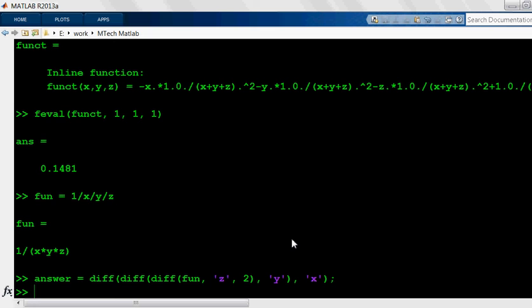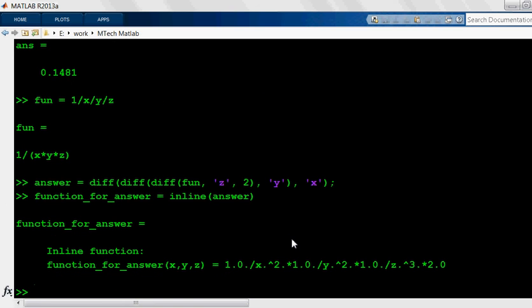Function for answer will be inline of answer. This has been created. So now eval of function for answer at 1, 1, 1. This is the result.